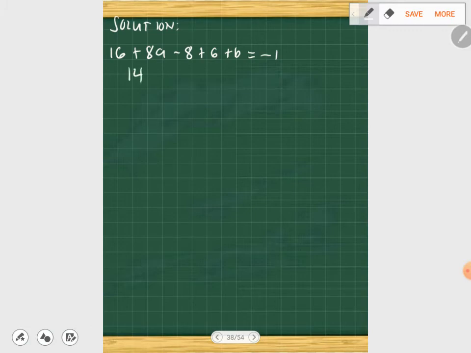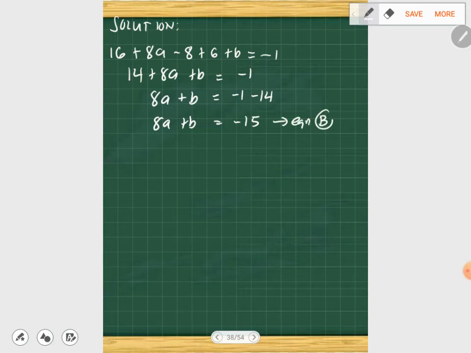Okay? 16 plus 16, 8, 2, okay, 14 plus 8a plus b equals negative 1, or therefore we have 8a plus b, we have negative 1 minus 14, so we have 8a plus b, and that is negative 15. So this is now our equation b.